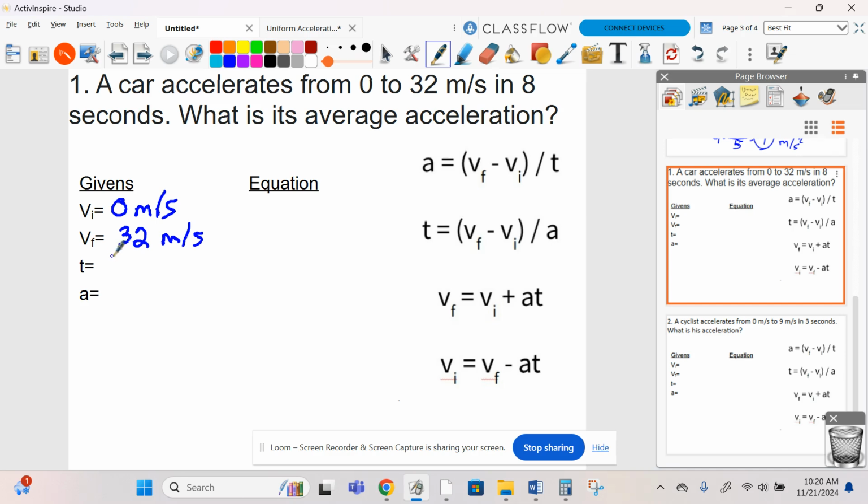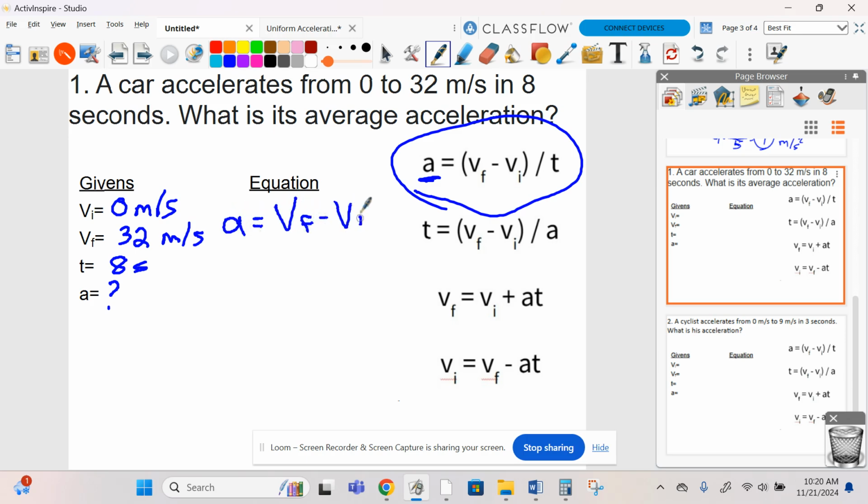8 seconds. Seconds is a measurement of time, and it's asking us what is the acceleration. Since I'm solving for the acceleration, I want to use the one that has acceleration by itself. I'm going to write down the equation, VF minus VI divided by the time. Plug in my numbers. Be careful to make sure that you put the right number in first. It's always the final, which in this case it's 32, minus the initial, which happens to be 0.